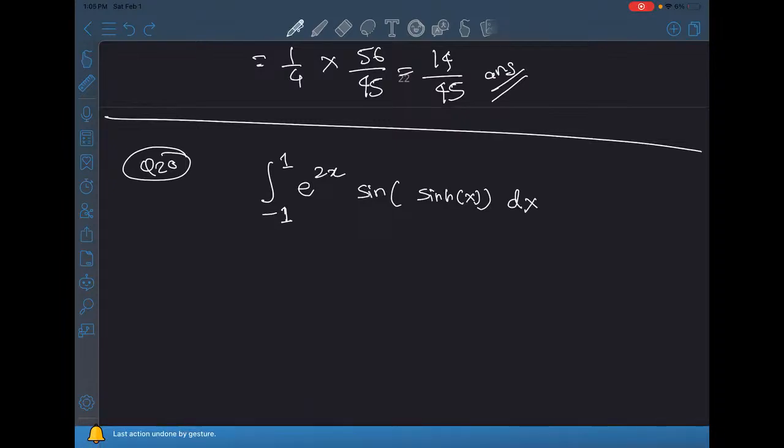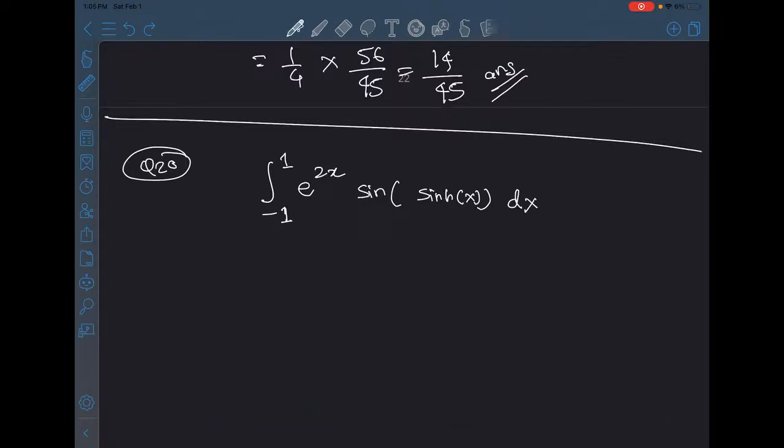But yeah, this is not really an odd function. I didn't understand. Okay, so do you think we should use the relation of sinus x with e to the power x?